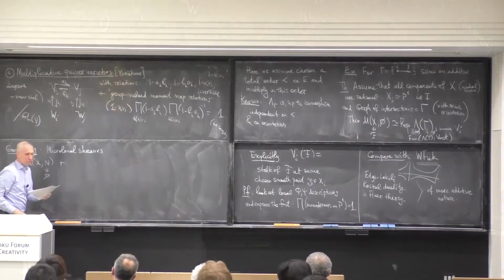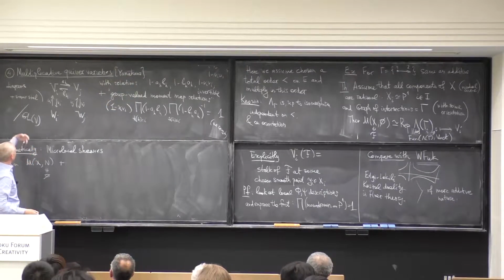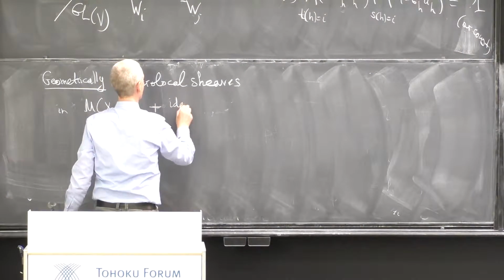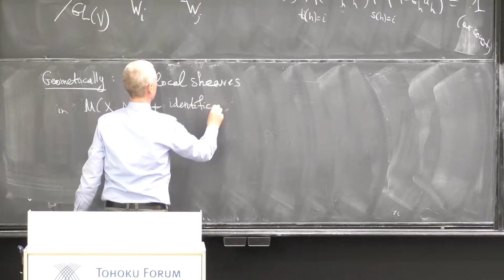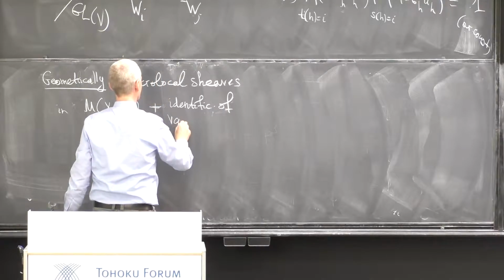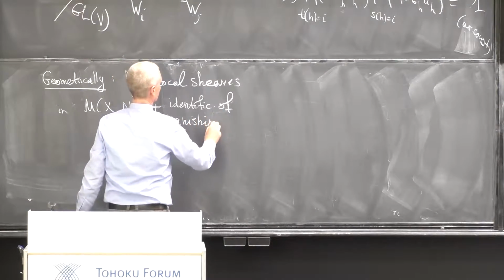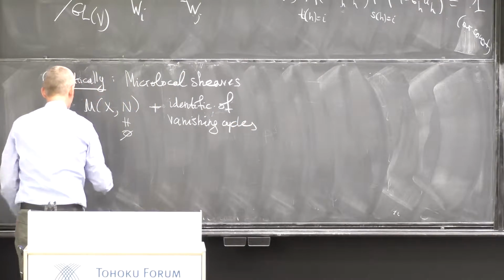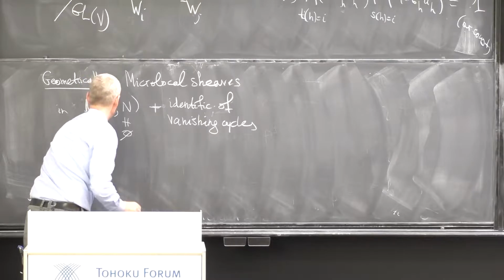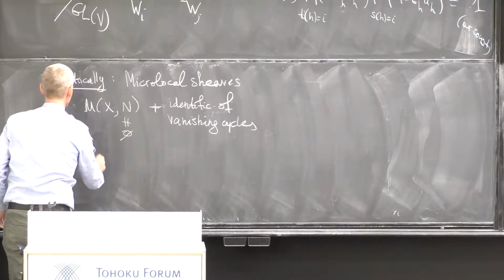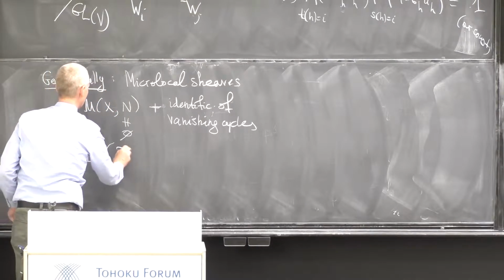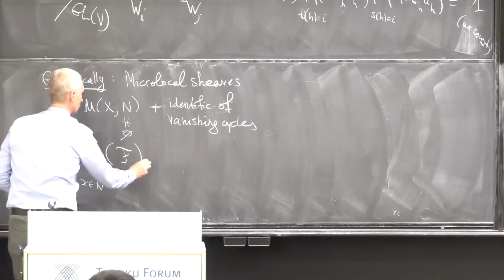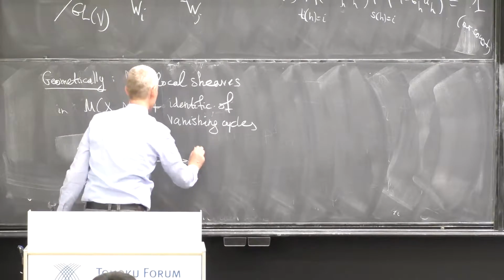Plus rigidification or identification of vanishing cycles, psi, phi x f. So this is a new small point x and f, with some spaces double it.